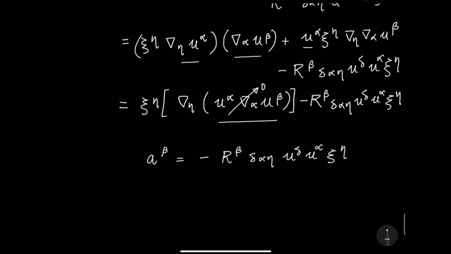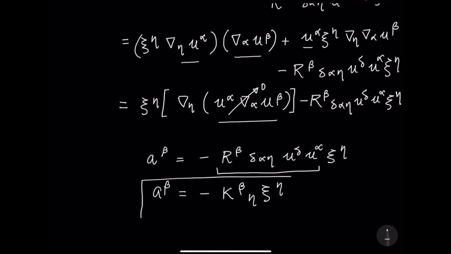Or if I just define something like K beta eta, which is just considering all three of these, this is what I get.